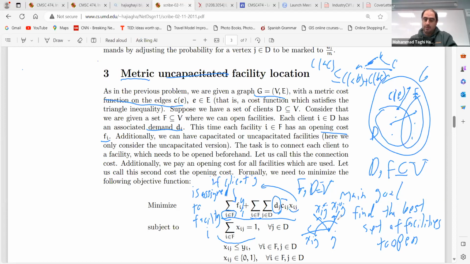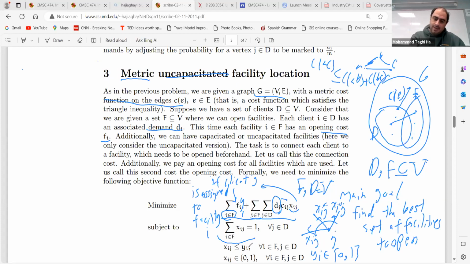That's the important thing. Then x_ij, as I mentioned, in the integer case, and also the y_i, should belong to {0, 1}. So the facility either should be 1 or 0, and x_ij, if the client is assigned to one facility, would be 1, otherwise 0.